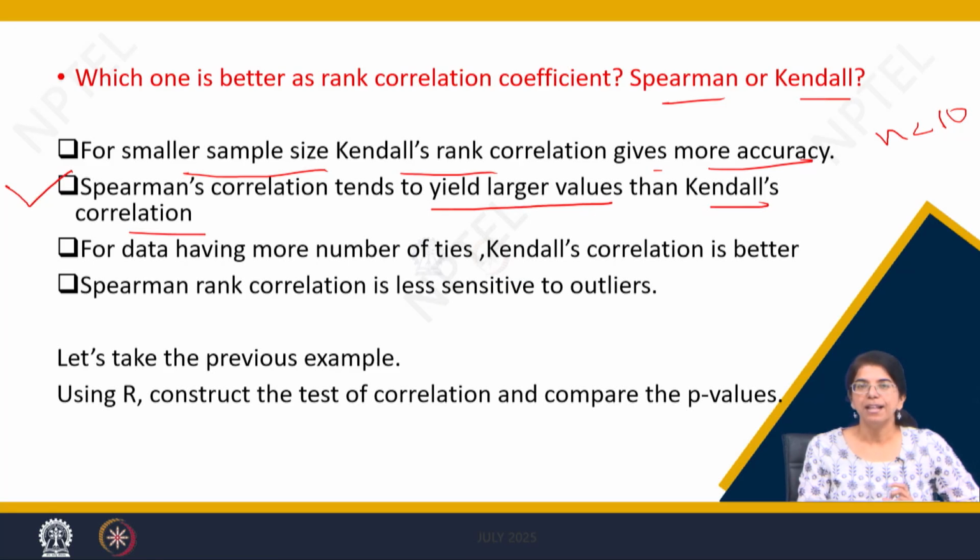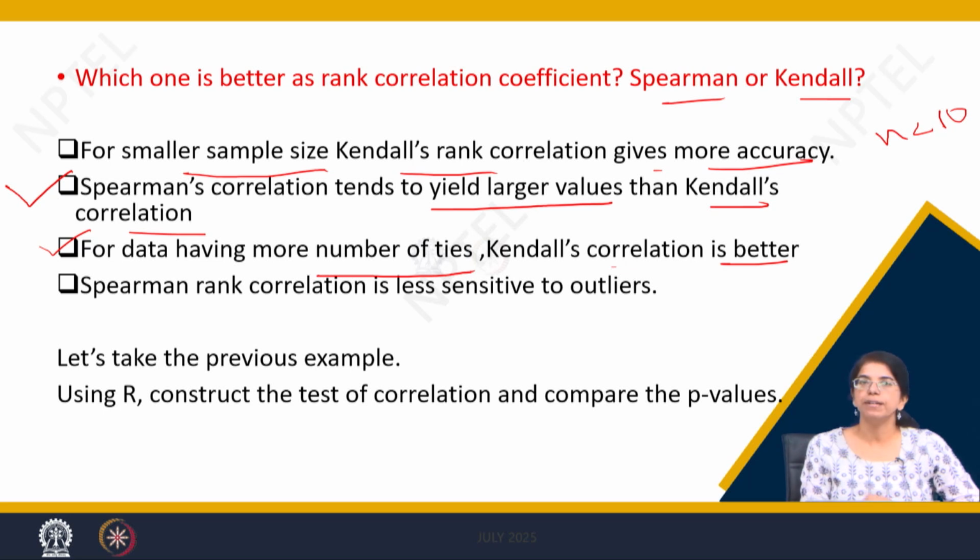Take one example and for the same example try to find Kendall's tau and Spearman rank correlation just by using the code, method equals "spearman" or method equals "kendall". You will yourself find that most of the time Spearman rank correlation is larger than Kendall's tau for the same example. Okay. For data having more ties, Kendall's correlation is better.